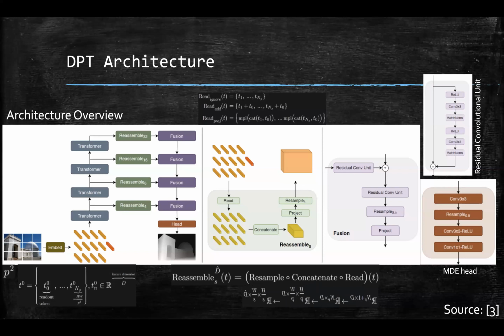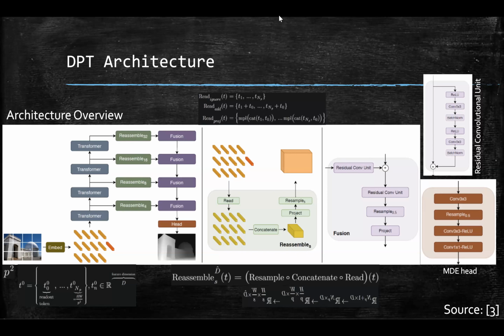This reassembling procedure is done at 4 different stages and resolutions, as you can see here. Reassembling is done from deeper layers of the transformer at lower resolution, here for example, as well as at higher resolutions, for example, here.